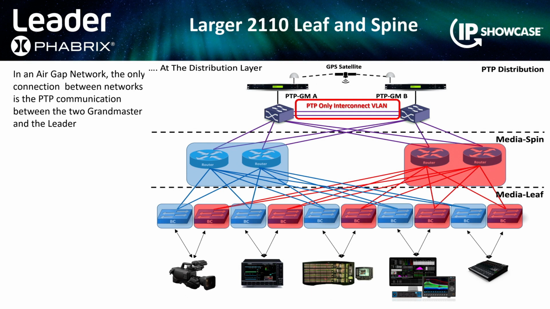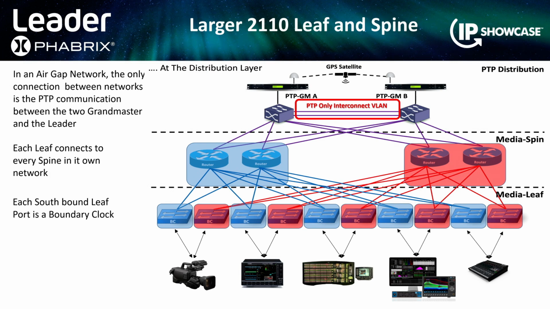So to summarize, in an air-gapped network, the only connection between the networks is the PTP communication between the two grandmasters and the leader. Each leaf connects to each spine on its own network, and each southbound leaf port is a boundary clock.